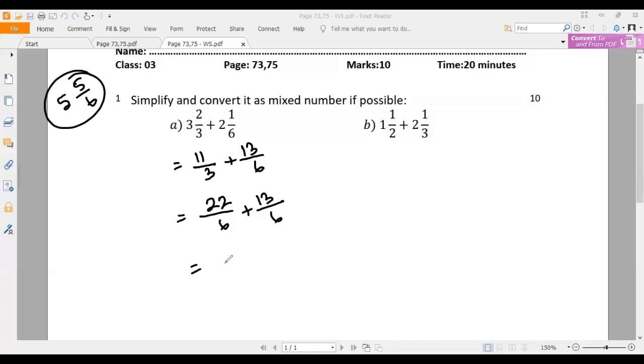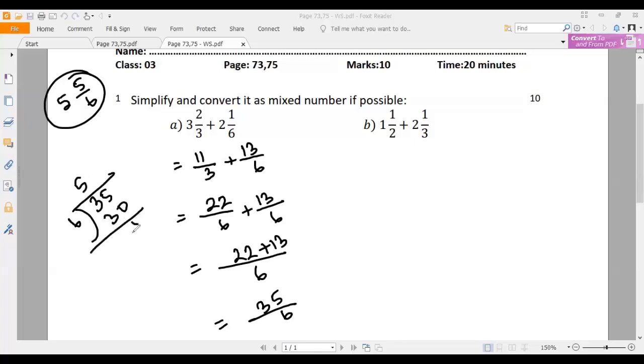If both denominators are the same, we just add the numerators. 22 plus 13, that will be 35. 35 by 6. Now divide 35 by 6: 6 5s are 30, remainder 5. So our final answer should be 5 whole 5 by 6.